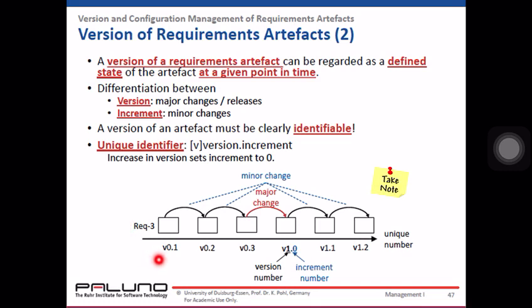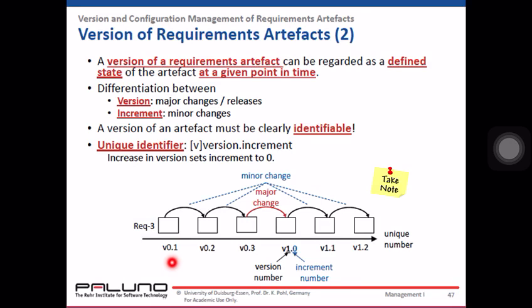The version numbering is applied over time when there are changes requested by the stakeholder. The change requests can be categorized into minor and major. Okay, at the initial stage, the current version number is version 0.1.